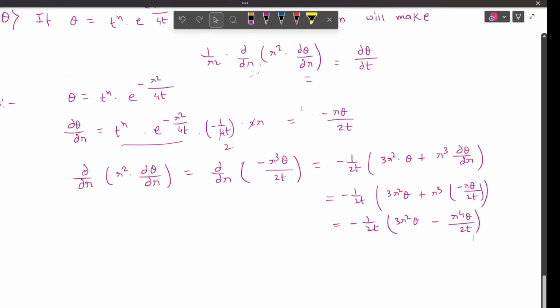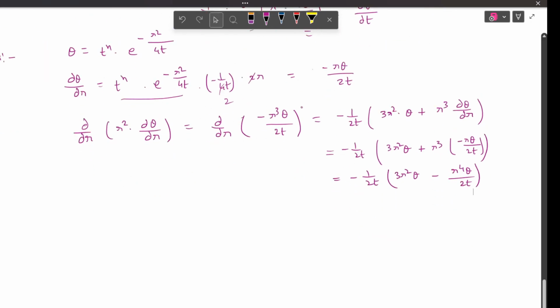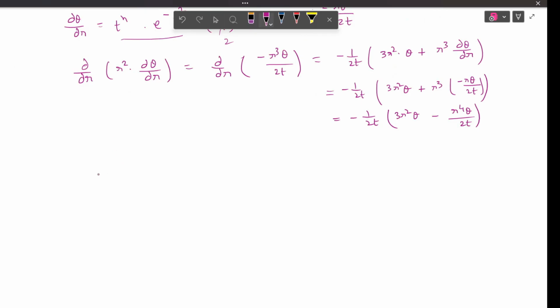Then what we have to do? We have to multiply by 1 by r square. So 1 by r square del r of r square into del theta upon del r would be, here we can take common r square, and this r square and 1 by r square will cancel out. We can take theta common as well.